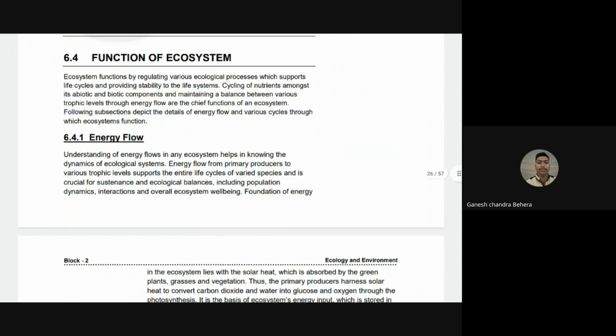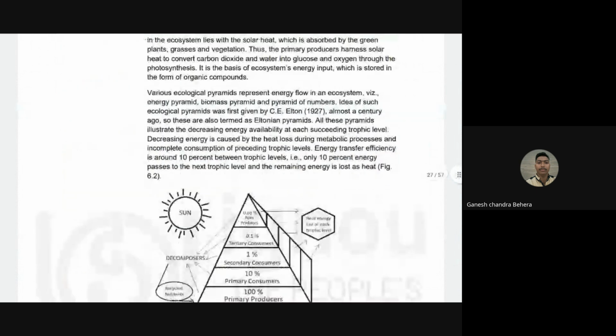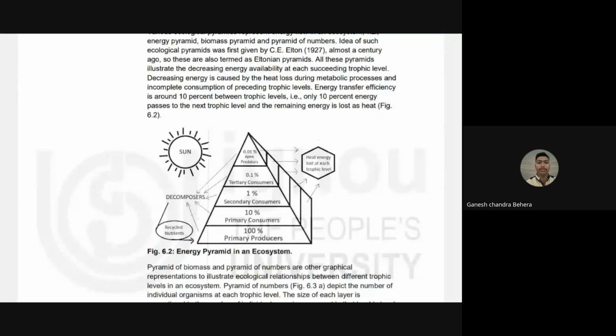So here, let's try to understand the energy pyramid in an ecosystem. The energy pyramid was introduced by C. Elton in 1927, and you'll see here that 90% of the energy is lost at each trophic level.